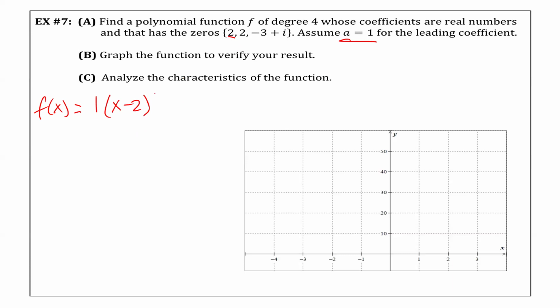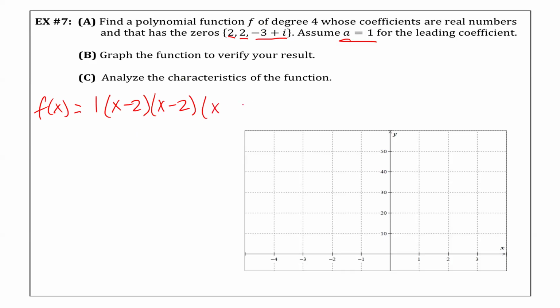Agree? My next factor comes from my second zero, which is also 2. So it also would be x minus 2. My third factor comes from my third root, which is a complex. It's complex because I have a real plus an imaginary, which makes this a complex number.